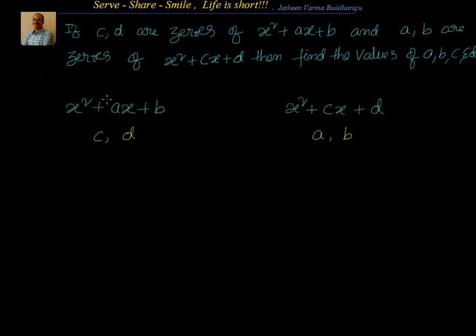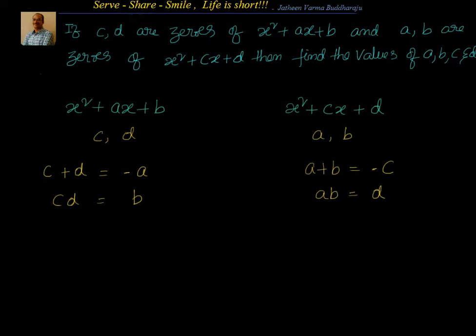Now I know that the sum of c and d is minus b by a, that's equal to minus a, and the product of zeros is c by a, that's equal to b. Similarly, applying the same logic here, the sum of zeros is minus b by a, that is minus c, and the product of zeros a into b equals d.